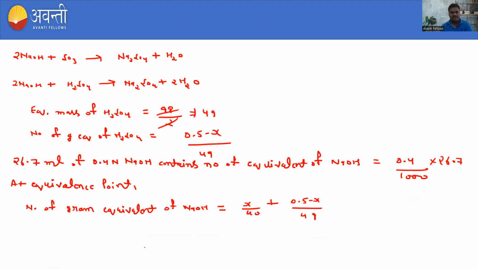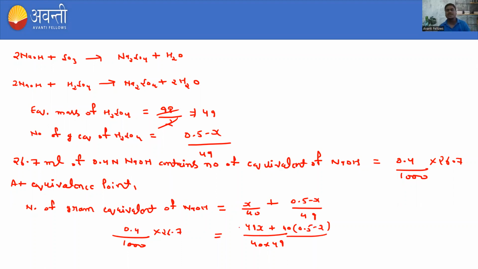So just solve this. We already calculated this value. This comes out to be 0.4 divided by 1000 into 26.7, and from here we take the LCM, which will be 40 into 49. This will become 49x, and this will become 40 multiplied by 0.5 minus x, right?